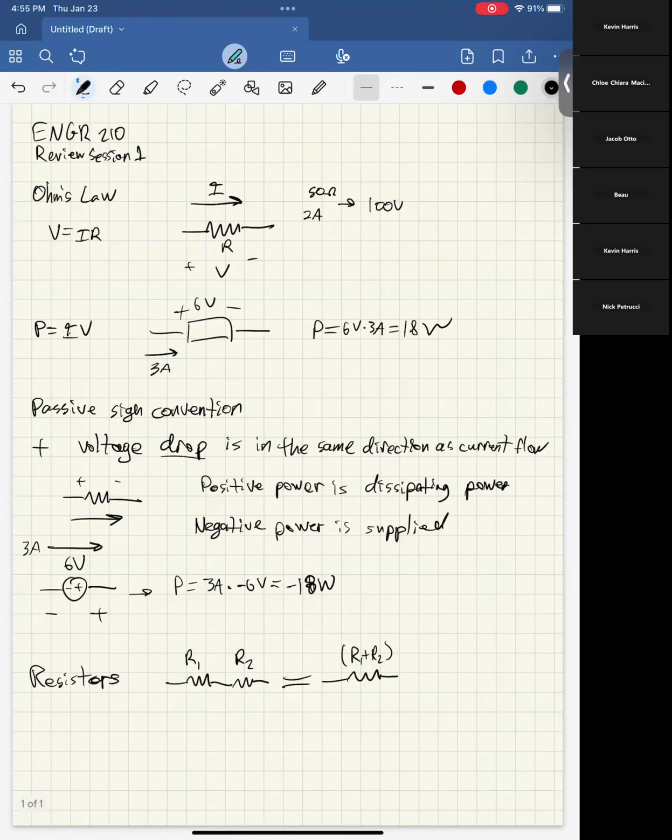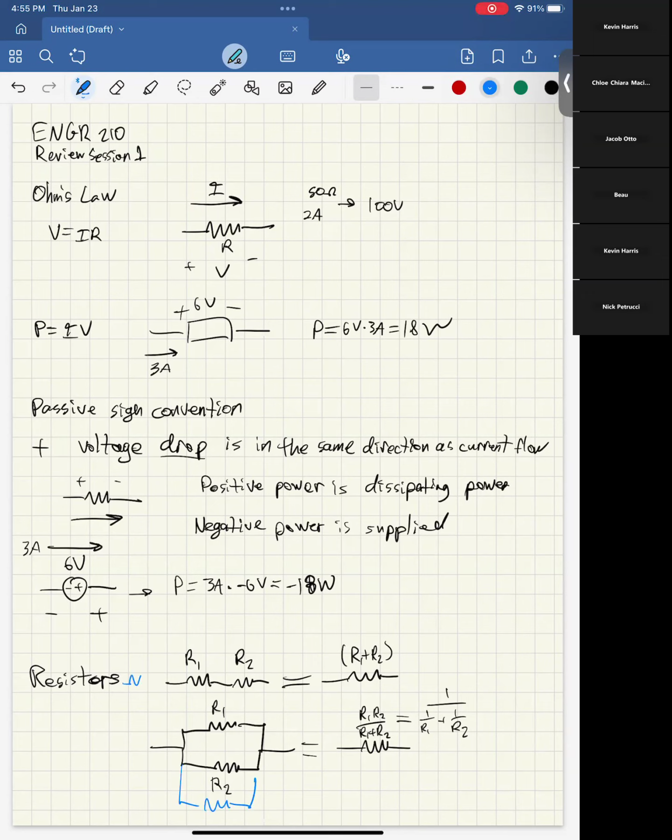Conversely, if I have two resistors in parallel, then these, less intuitively, become one resistor with a value of R1 R2 over R1 plus R2. This seems like it comes out of nowhere, but what it really is is 1 over R1 plus 1 over R2. This can be extended to as many resistors as you want.